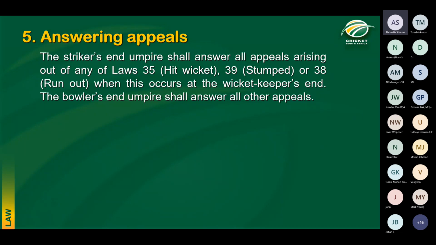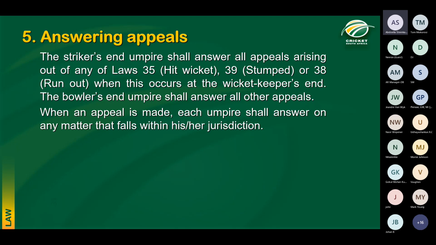And those are hit wicket, stumped, and run out at the striker's end. Those are the appeals that the striker's end umpire needs to adjudicate on. So 3 of the 9. The other 6, the bowler's end umpire needs to answer those appeals.